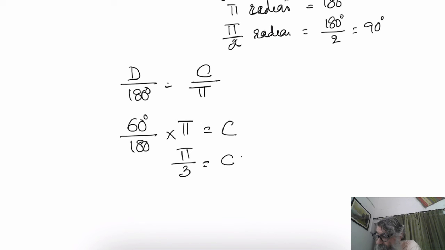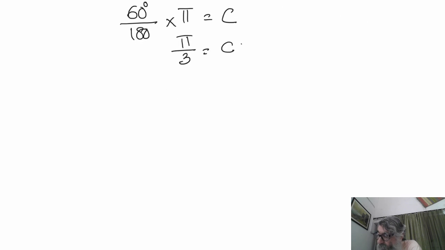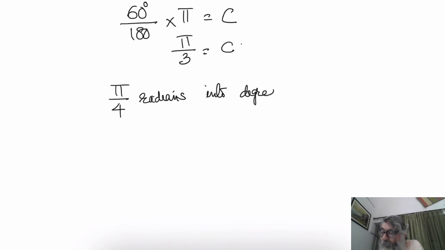Suppose I want to convert pi by 4 radians into degrees. Then what do I have? I have the angle in radians.